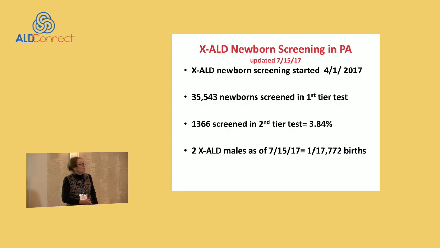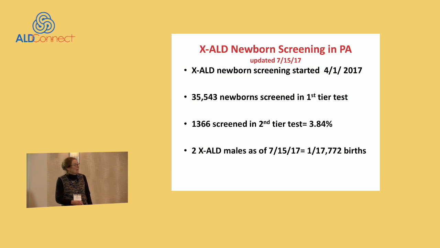And also in Pennsylvania, I'm a little out of date too. This is July 15. Their ALD newborn screening started in April, and 35,500 were screened in the first tier test. Now they do the high throughput test that New York does, and they do the second tier, which is LCMSMS, just like New York. And so they drop the second tier numbers a little bit higher than New York.